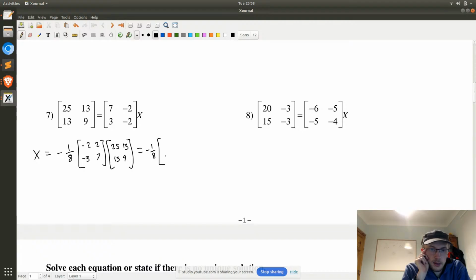Negative 50 plus 26 is negative 24. Negative 26 plus 18 is negative 8.